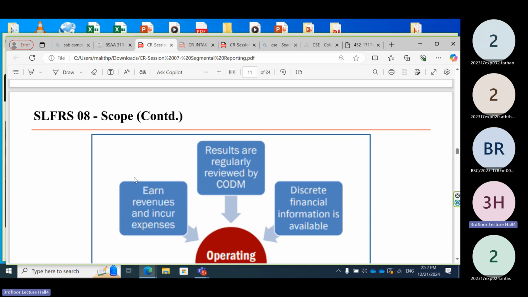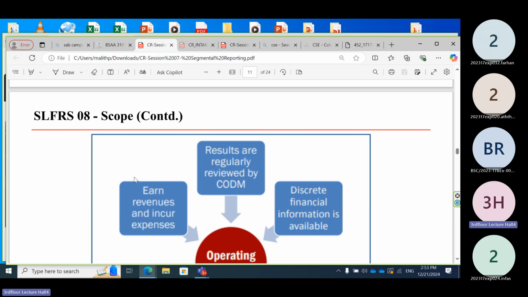One item may be soap, one toothpaste, one perfume. So you should earn revenue, you should have a mechanism to evaluate the expenses, and you should have separate information for both units. And the results and performance should be evaluated by the CEO quarterly, very frequently. Those are the operating segments.